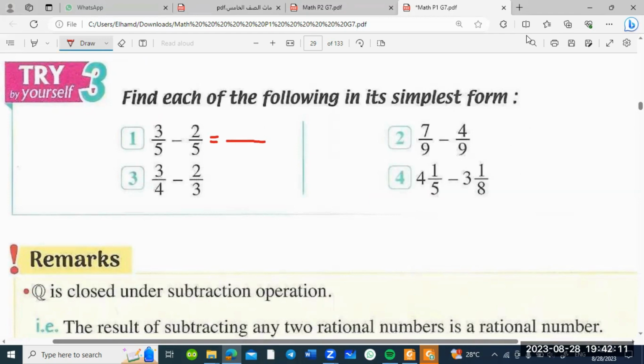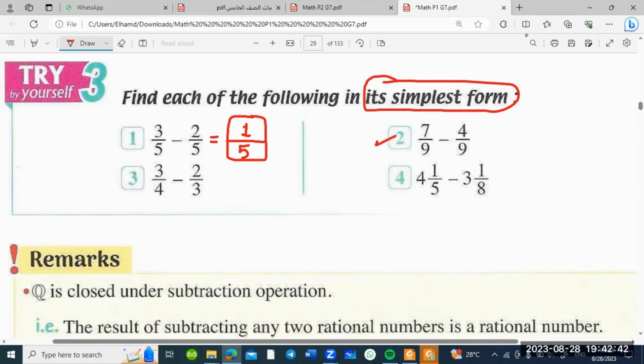The same denominator, so we will subtract here: 3 minus 2 equals 1, over 5. 1 over 5, and it's in the simplest form. Check please if you have your answer in the simplest form or not, because the question requires the simplest form. So you have to check that.